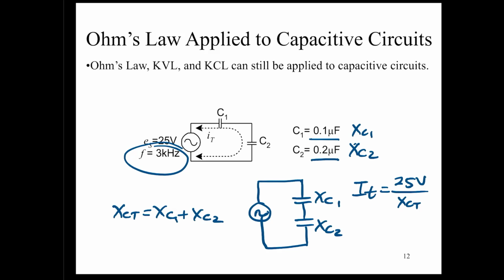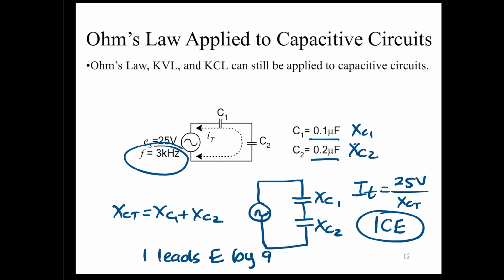And based on the fact that this is a purely capacitive circuit, we know that ICE would be the acronym to describe the angular displacement between voltage and current, and we'd have I leads E by 90 degrees. Okay, so once we came up with the magnitude of that current, we know that the current would be leading the applied voltage by 90 degrees.